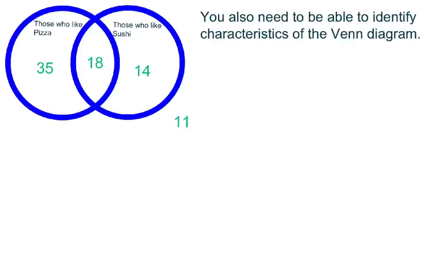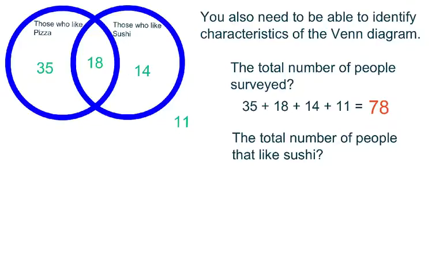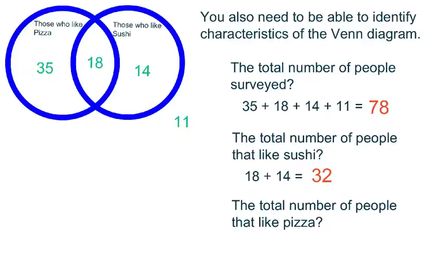So we also need to be able to identify characteristics of the Venn diagram. We look at the total number of people surveyed. We just add up each of the numbers in the Venn diagram, and that gives us a total of 78 people. The total number of people that like sushi, that's every number inside of the circle labeled those who like sushi. 18 plus 14 is 32.